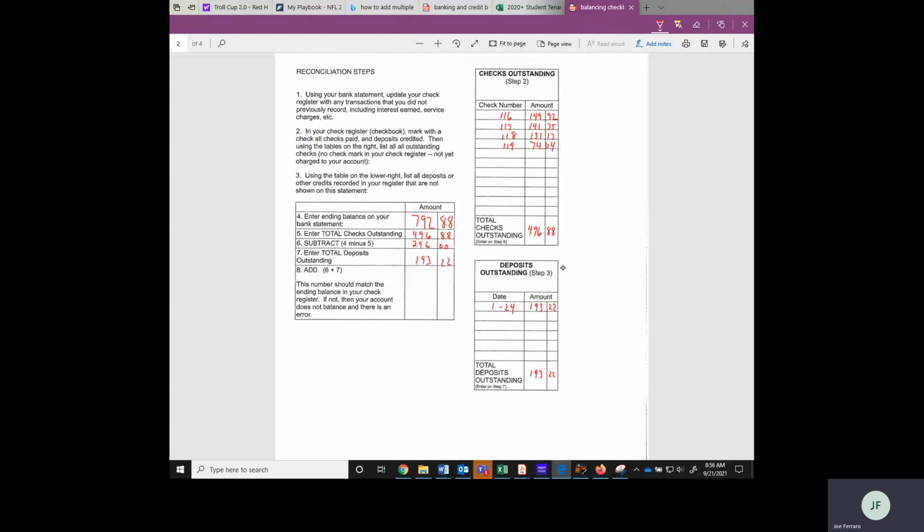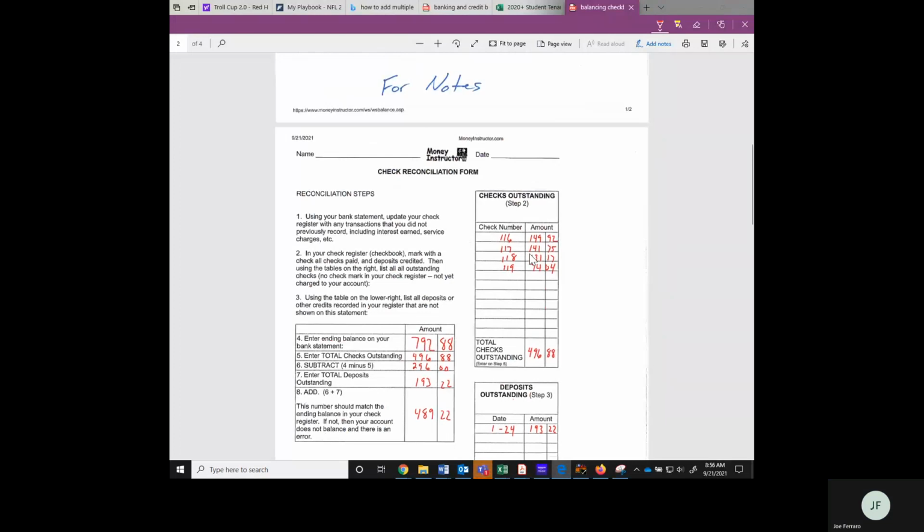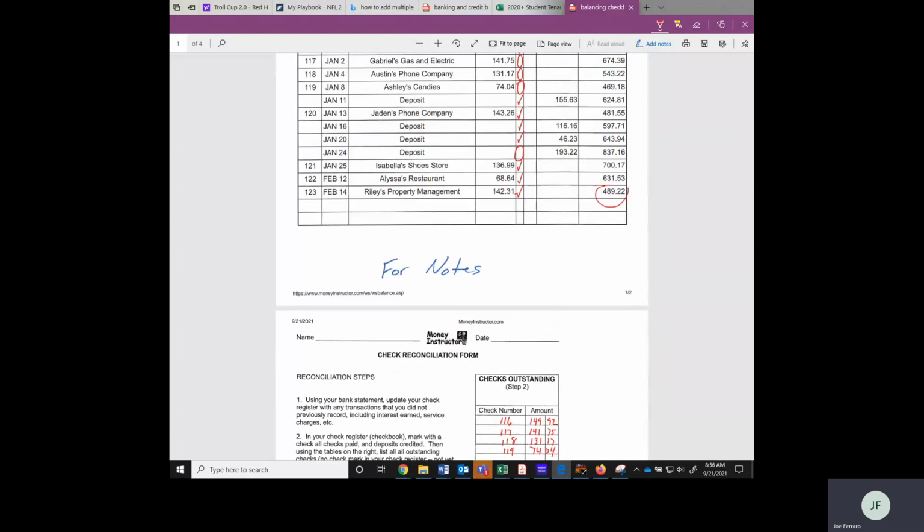Since deposits add to your account, it says add numbers 6 and 7. This was our new total after we subtracted the checks. Now we're going to add these two. Now that should be what is on our ending number on our check register.